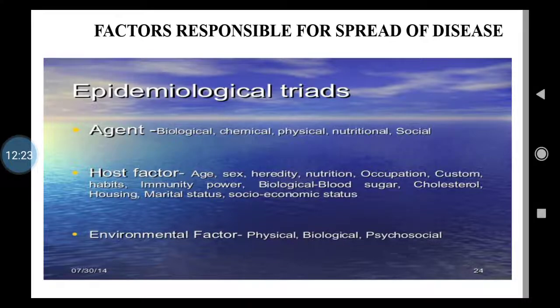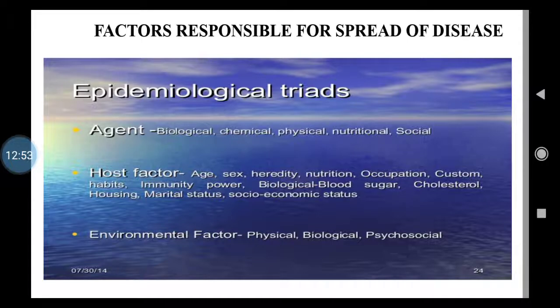Then physical agents will include excessive heat, excessive cold, X-ray radiations, electricity, any pressure applied. These are physical agents. Then nutritional agents, all the various kinds of nutrients that we take in the form of food, they also can act as a disease agent, like carbohydrates, proteins, fats, vitamins, minerals, and water.